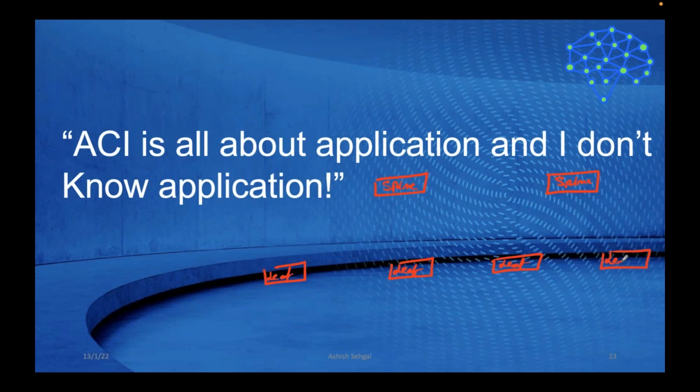The connectivity is like this: all the leaf switches are connected to all the spine switches and vice versa. There is no leaf to leaf connectivity, there is no spine to spine connectivity.